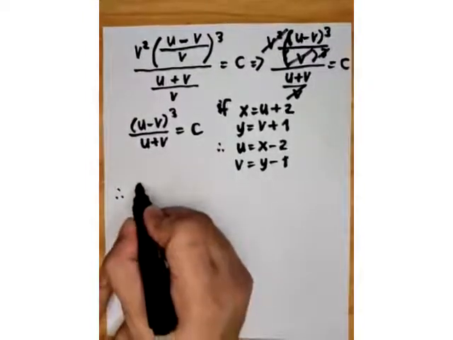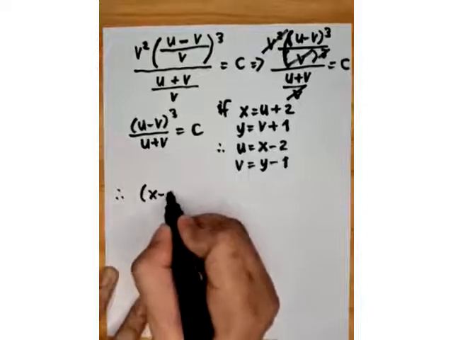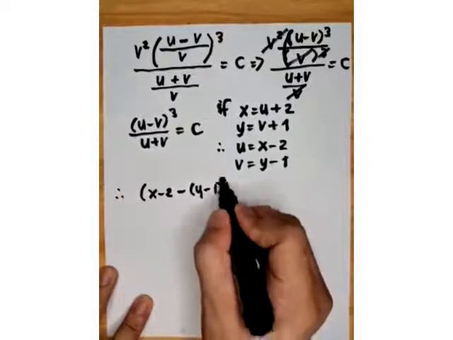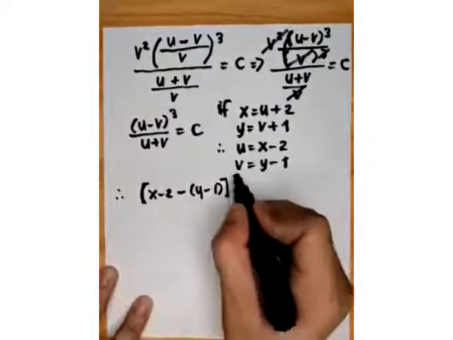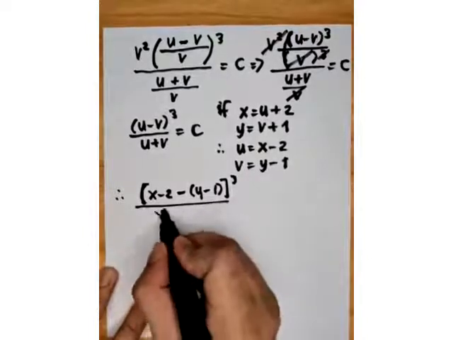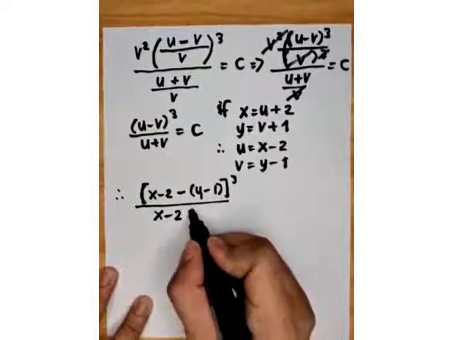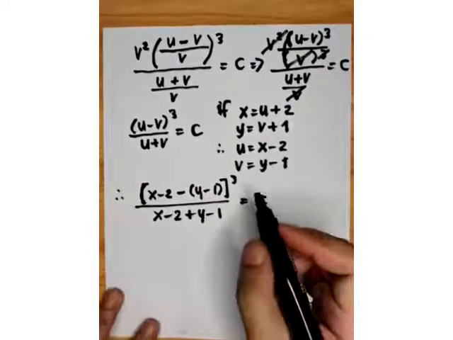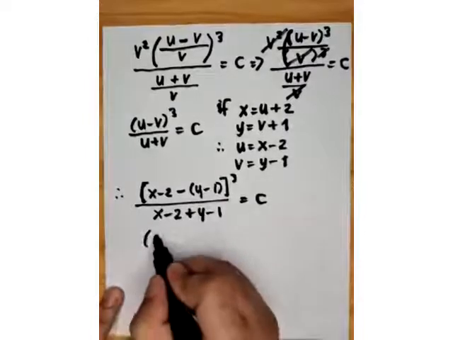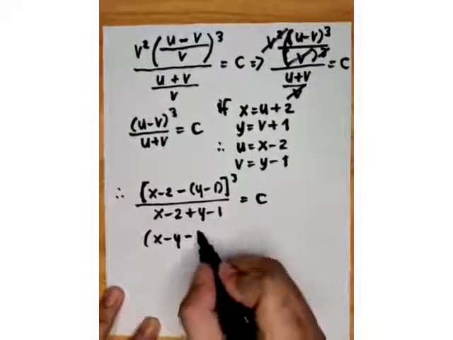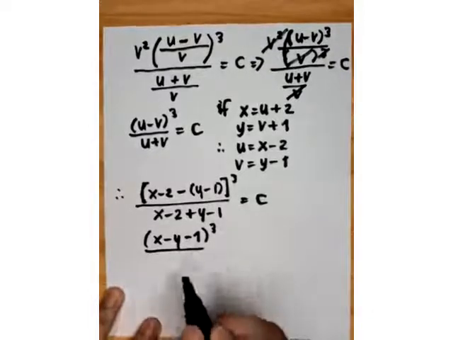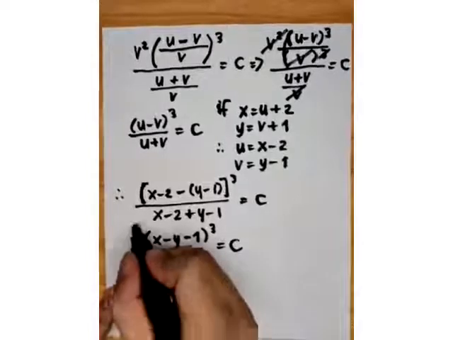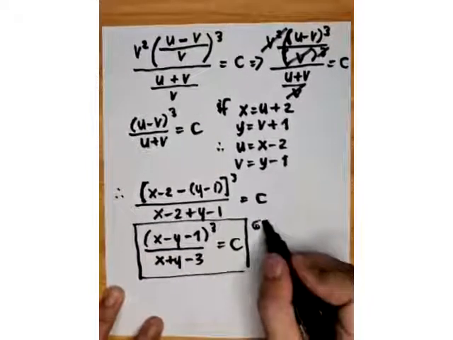So therefore, we'll have x minus 2 minus quantity y minus 1 cube over x minus 2 plus y minus 1 is equal to c. So that means this is x minus y minus 1 cubed over x plus y minus 3 is equal to c. Ayan. So this is our general solution.